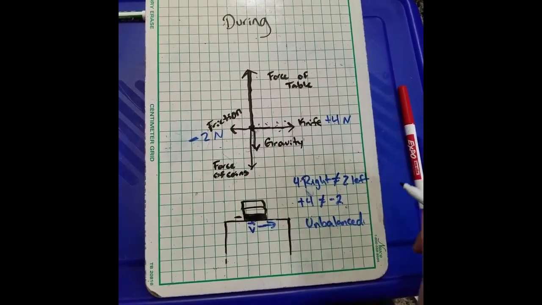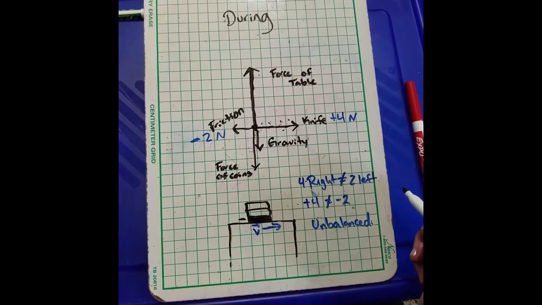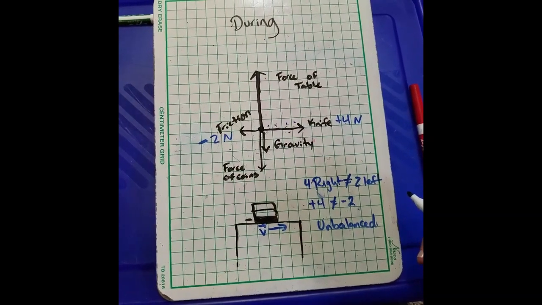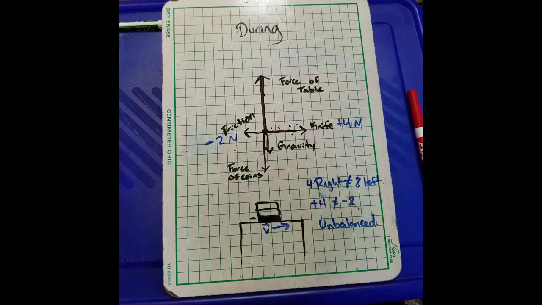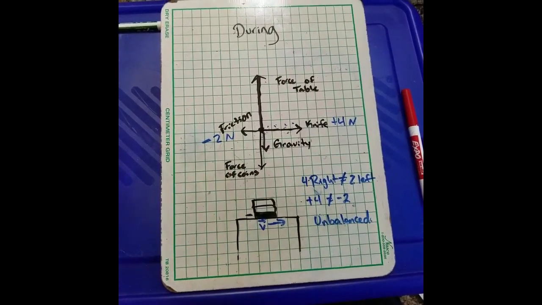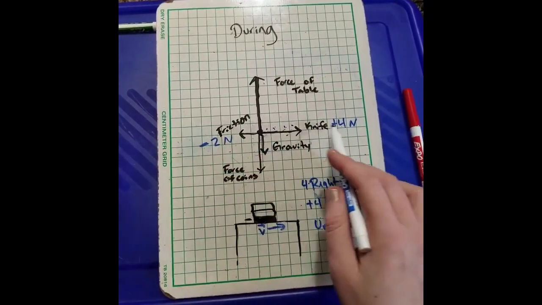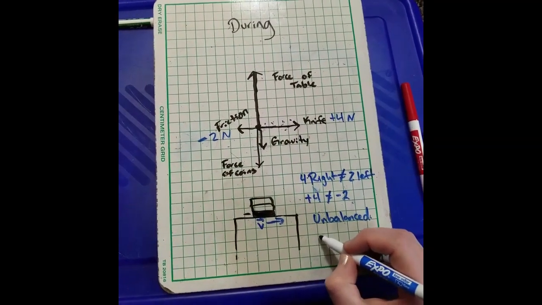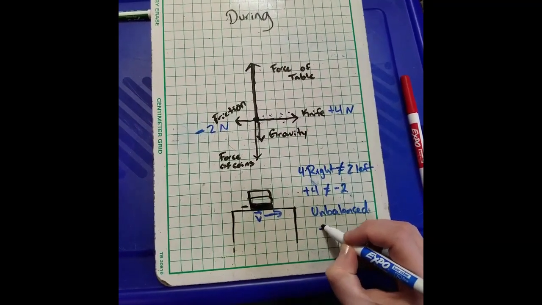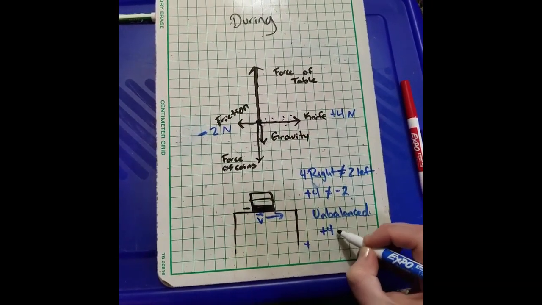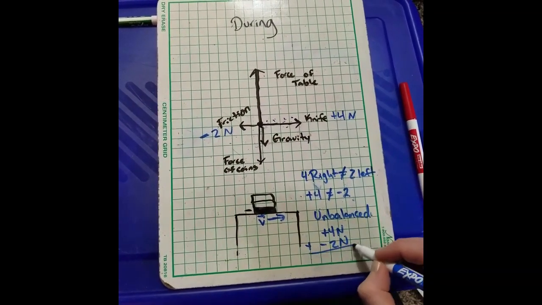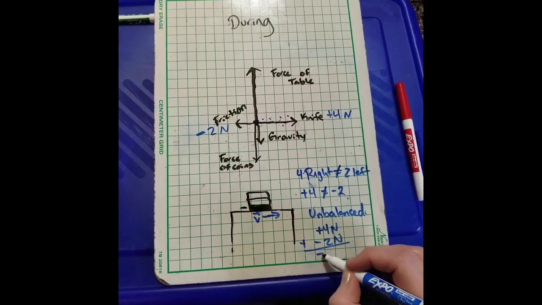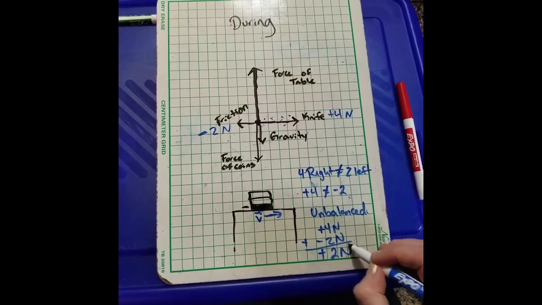We can use this to find the net force. And here's the second definition of net force. With net force being the sum of the forces in one direction, I can find the net force by saying +4 plus -2 newtons is going to equal +2 newtons.